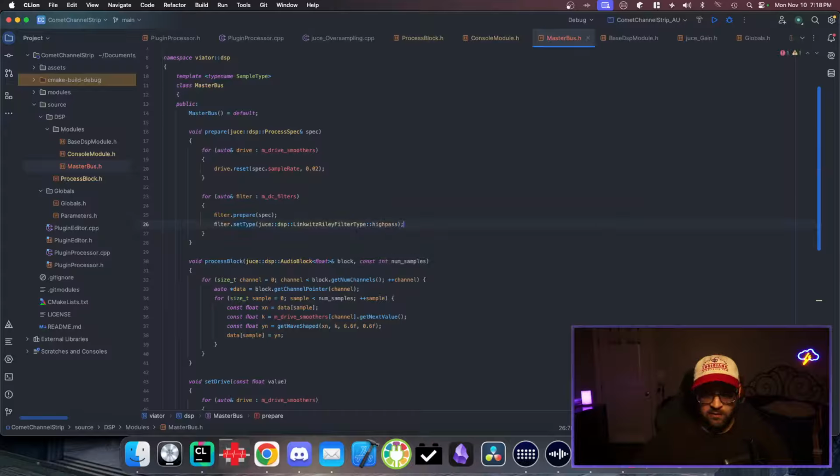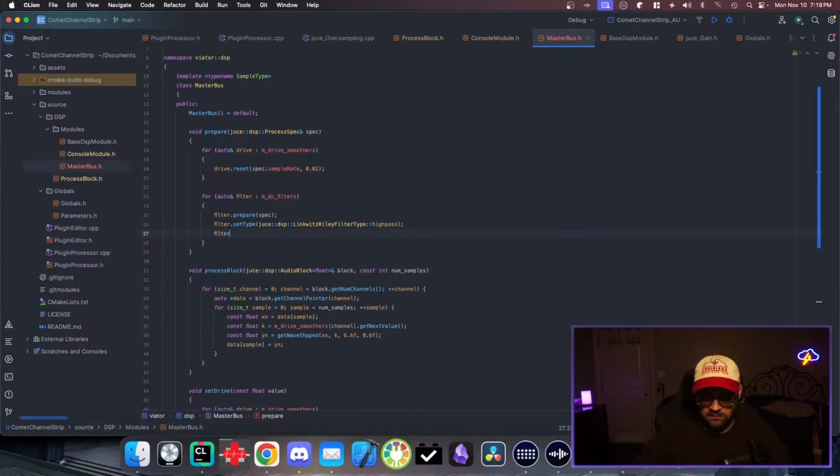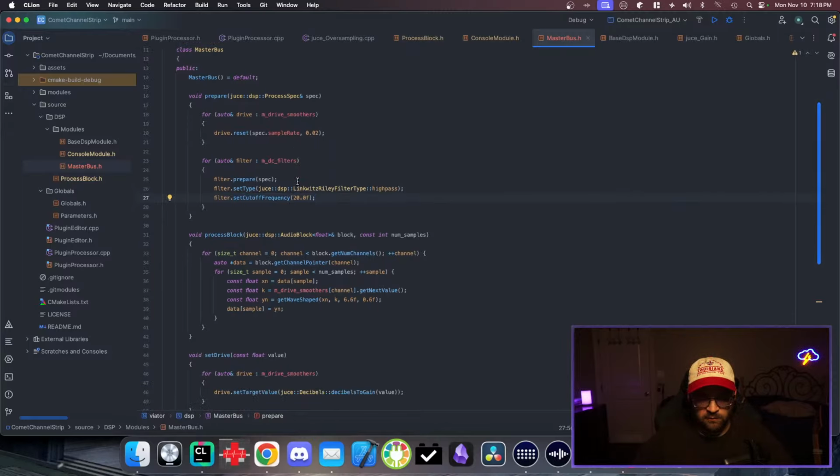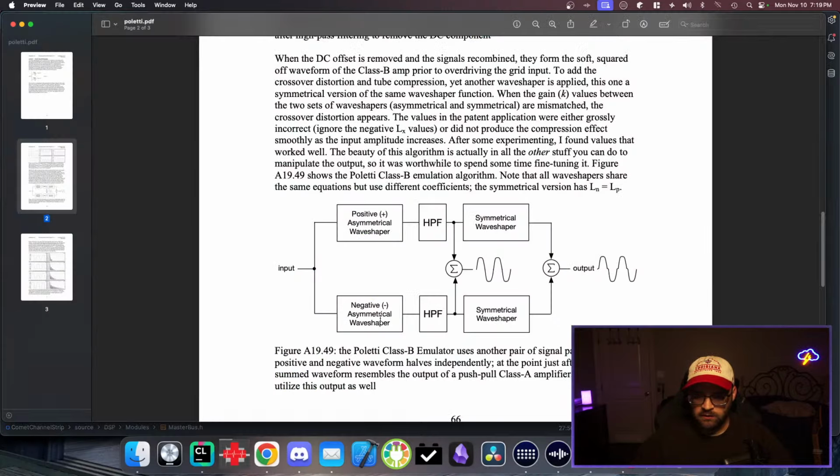And then lastly, we will set the cutoff. 20 hertz should be good. Okay. And we're going to use that whenever we set up these.